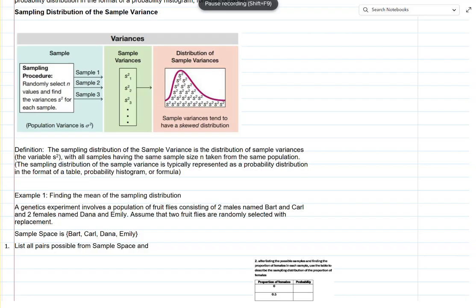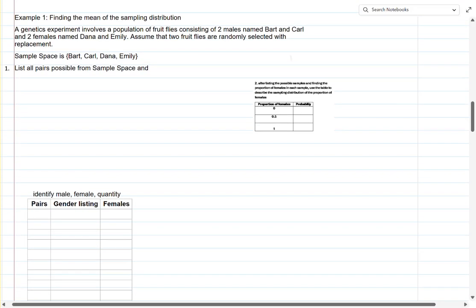And it says the sampling distribution of a sample variance is a distribution of sample variances, S squared, because S is the standard deviation for a sample, with all samples having the same sample size n taken from the same population. The sampling distribution of the sample variance is typically represented as a probability distribution in the format of a table, probability histogram, or formula. And it stated that for all of them.